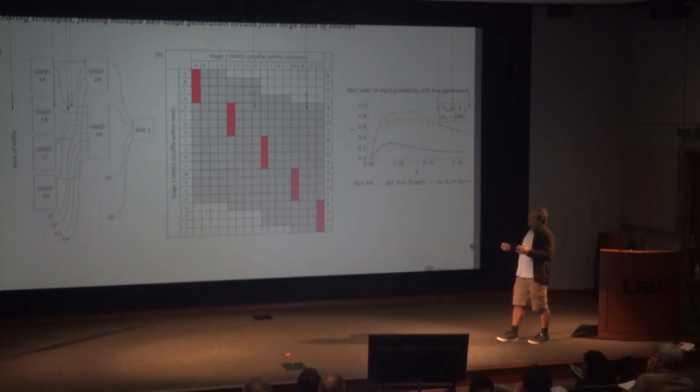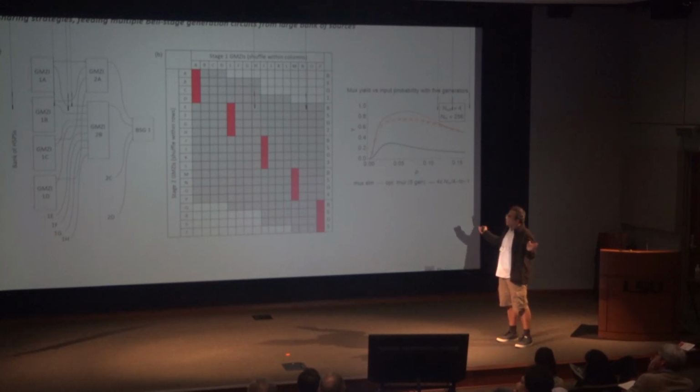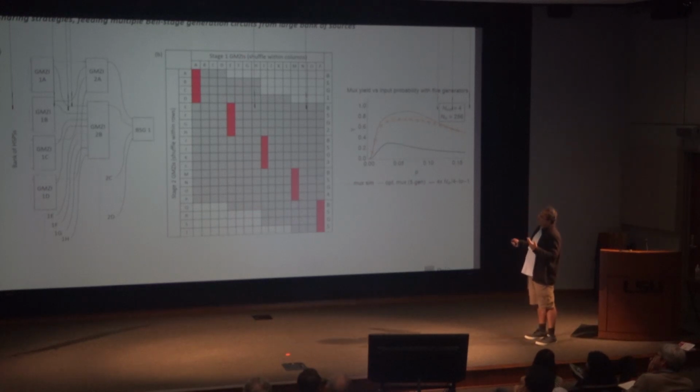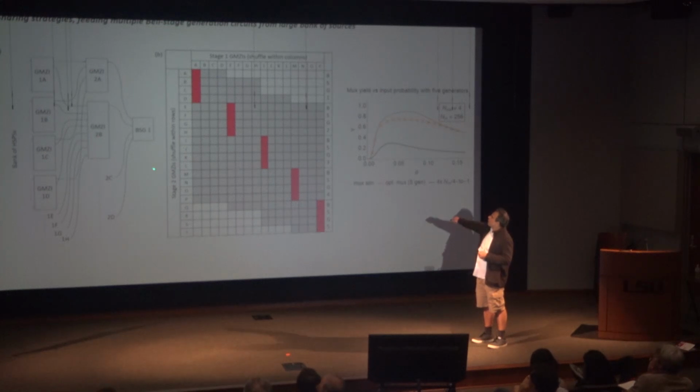If you go further and you have what I call a photon sharing scheme, where we try to feed a number of circuits simultaneously, we can save even more in terms of footprint. We can save up to a factor of 3. This is a scheme that we have for doing this. 2 layers of GMZIs.